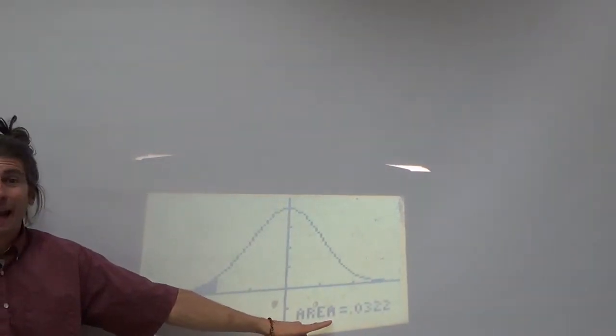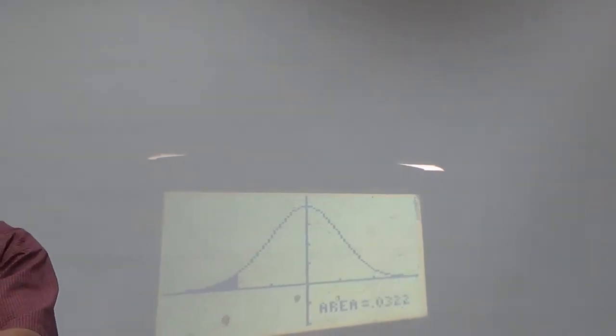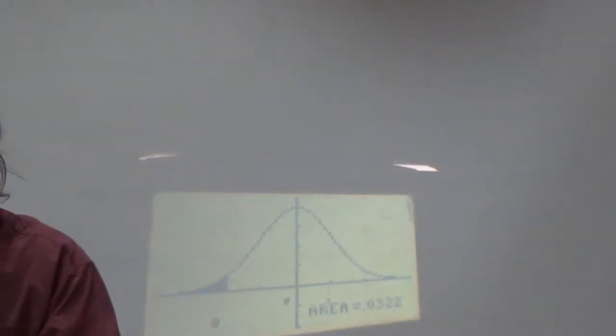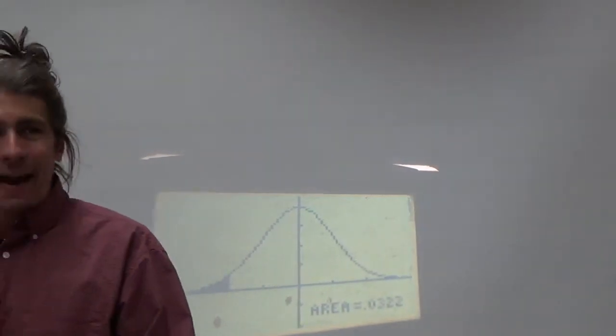The p-value is that area. So in the last homework assignment, when you were looking at p is less than 1%, p is greater than 5%, p equals 0.23, all that stuff, that's how they got those numbers. They were putting that data up onto a curve and seeing how much area was in any given tail.